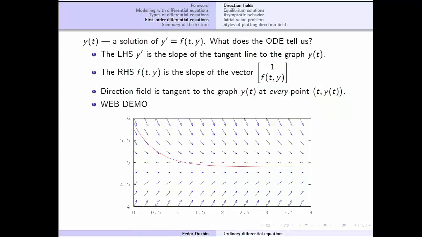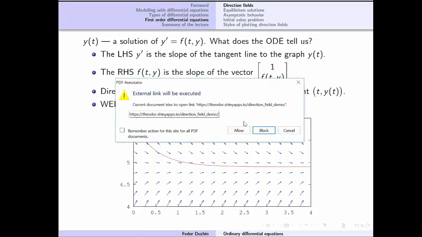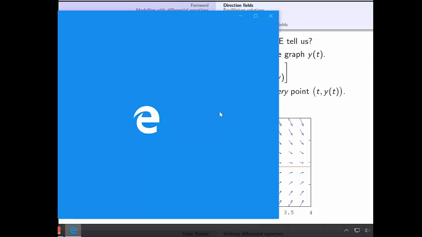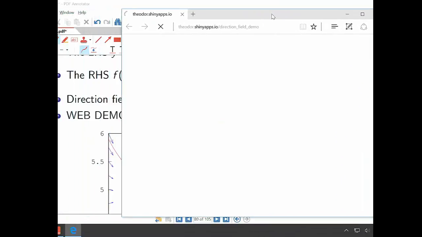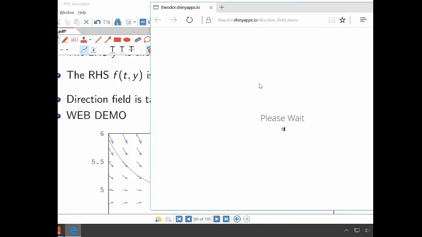And I've prepared a little web demonstration for you if you want. Hope it is going to work. It plots the direction field of a particular differential equation, but you can play with it a little bit.